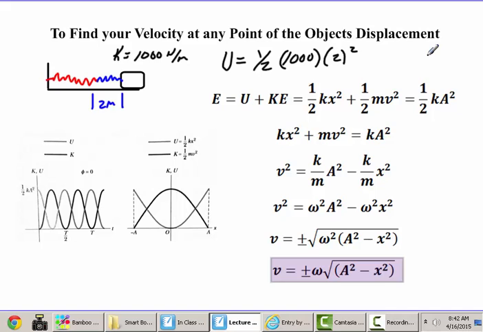Does everybody understand that? Now, say I want to find out what the potential energy is when I get right here, and what the kinetic energy is right there? Well, I could use this equation right here and find out what the velocity is when it goes through that point, correct? If I knew my velocity through that point, I could find my kinetic energy, because I know my kinetic energy equals 1/2 times mass times velocity squared.